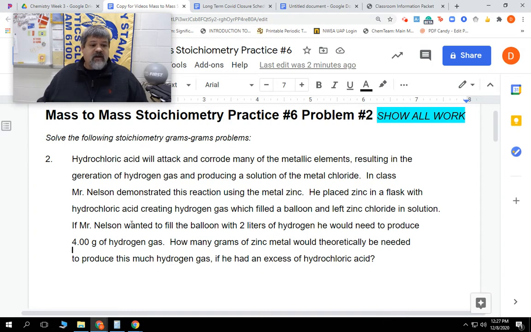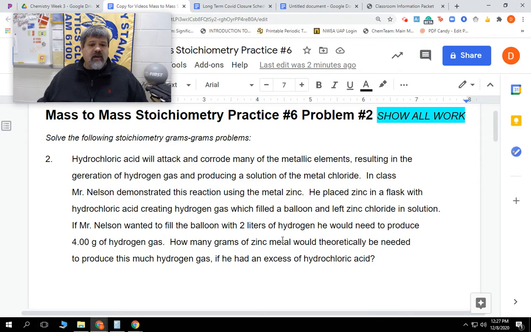If Mr. Nelson wanted to fill the balloon with 2 liters of hydrogen gas, he would need to produce 4 grams of hydrogen gas. How many grams of zinc metal would theoretically be needed to produce this much hydrogen gas if he had an excess of hydrochloric acid?